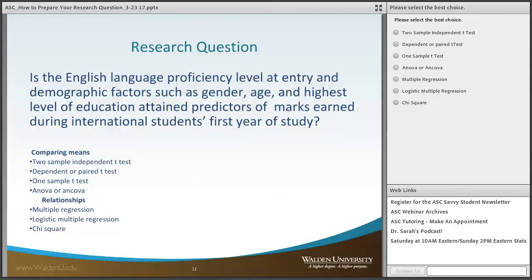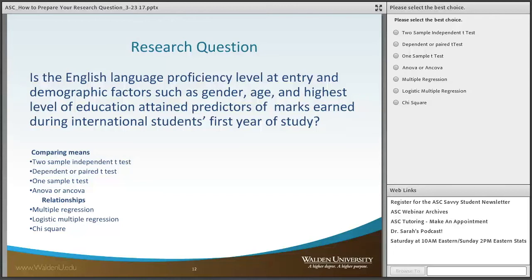And it cannot be logistic multiple regression unless we are going to say that instead of looking at the highest level of education attained, we're just going to say they either got a degree or they didn't, or they got an associate diploma, or they got a certain score on SAT or they didn't.